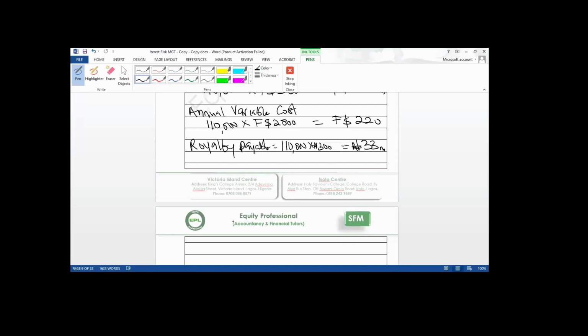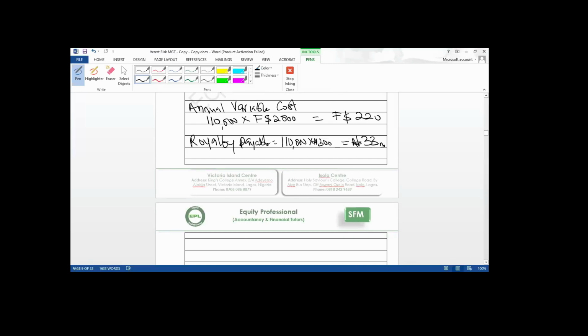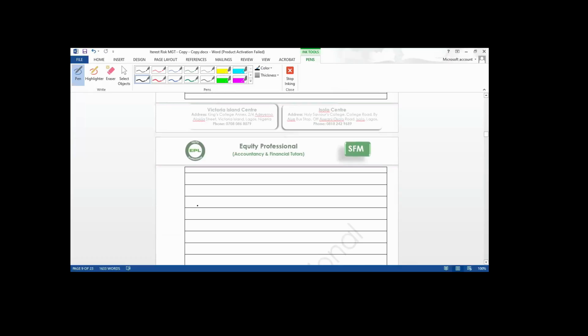We now pick the exchange rates. Royalty in F dollar.